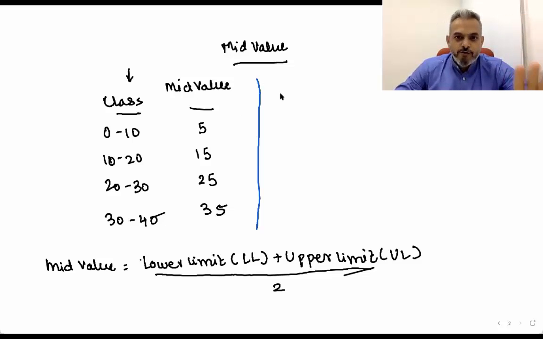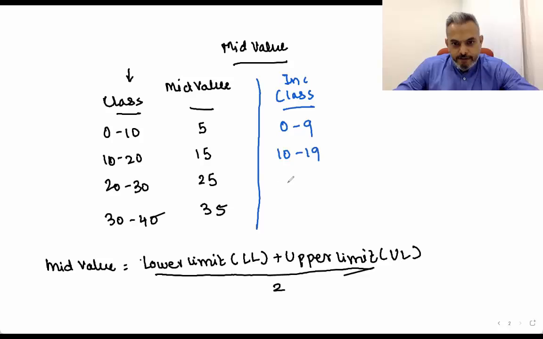Now, let's do inclusive also. Say the classes are 0 to 9, 10 to 19, 20 to 29, and 30 to 39.